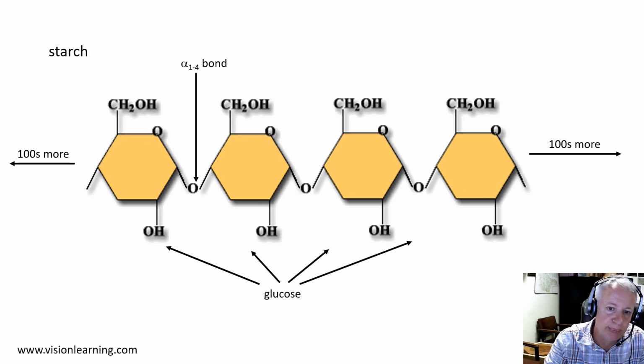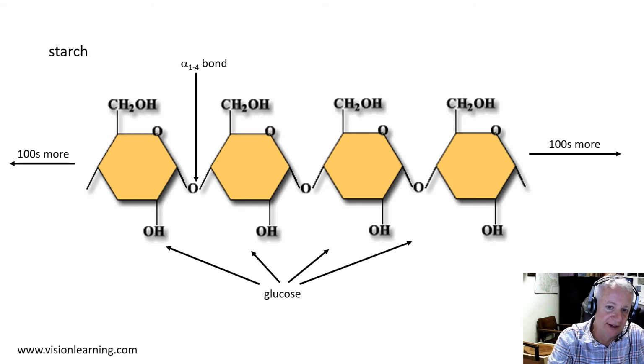Another really important polysaccharide in plants is starch. Starch, in molecular form, is very similar to cellulose in that starch is made up of many glucose molecules bonded together.